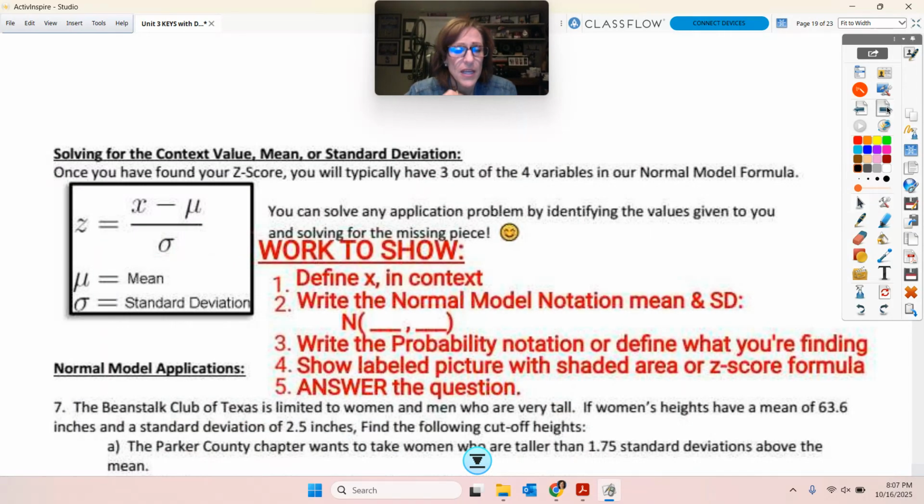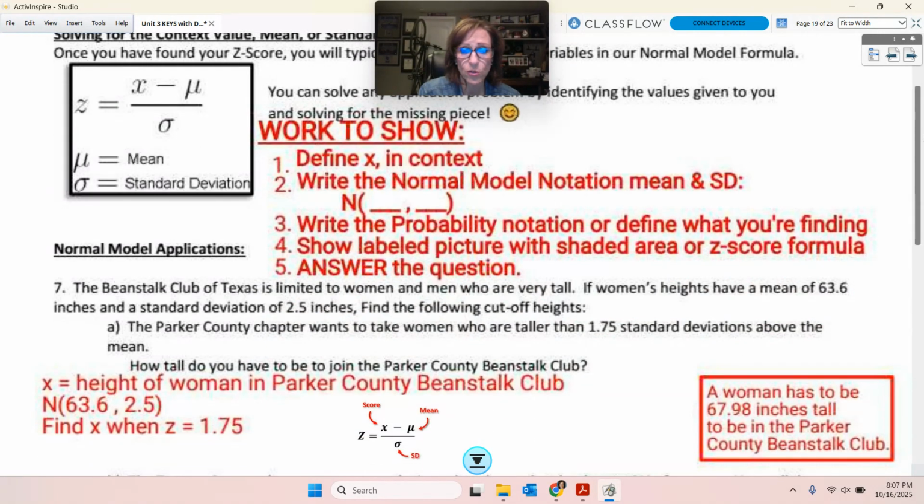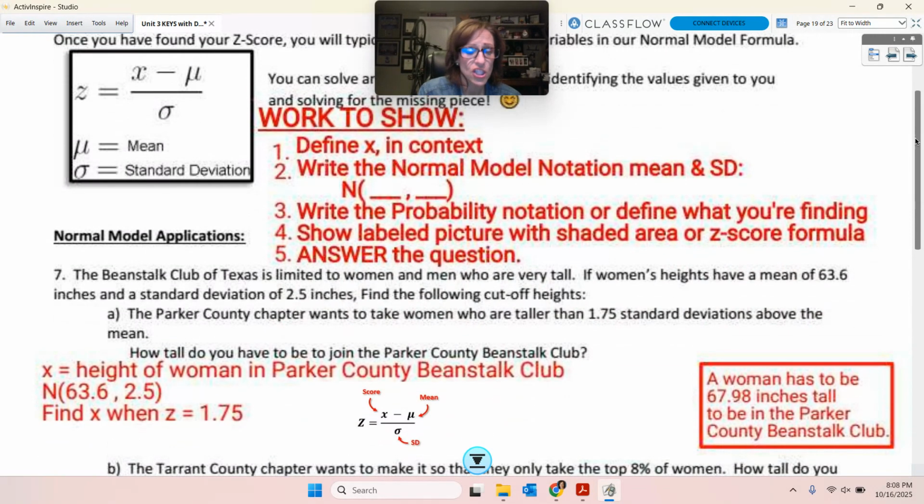All right, next, now let's start putting in some context. So a reminder of the work that we want to show. We want to define our x value. What is the context that we have? Then we want to write that normal model notation. So here, let's go with this. We'll just work it as we go.